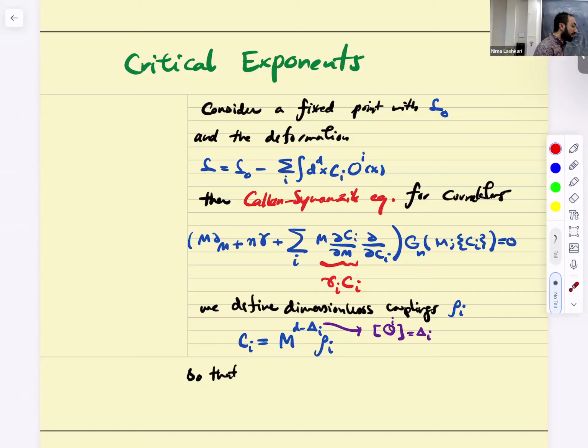I personally, my favorite way of viewing RG is a setup where you take your couplings, remove the dimensionality out of them, and talk about dimensionless couplings. That's, in my opinion, one of the simplest ways of presenting it.